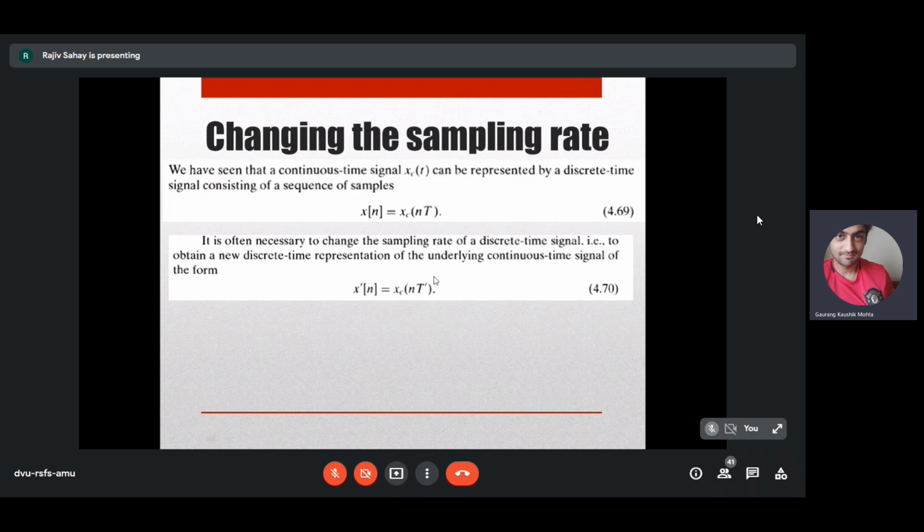So I am going back to the continuous time signal and now sampling at a different time rate. That is T prime. This is a different sampling time period. So with that new sampling time period, I will get a different signal, and that signal is x prime n. Okay. So sometimes I want to derive x prime n from x n.